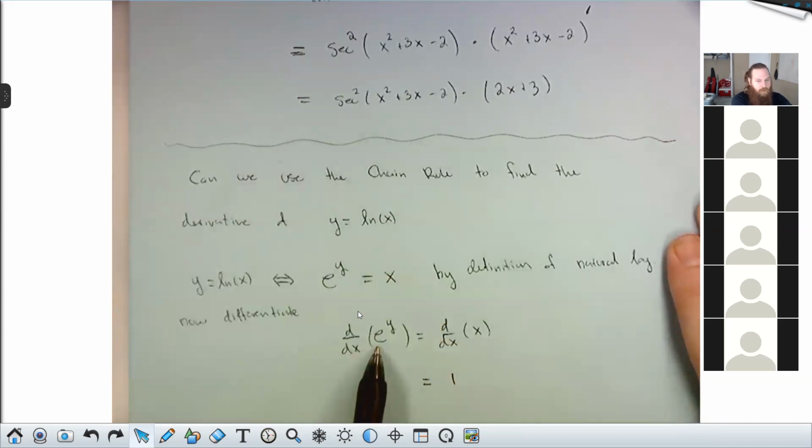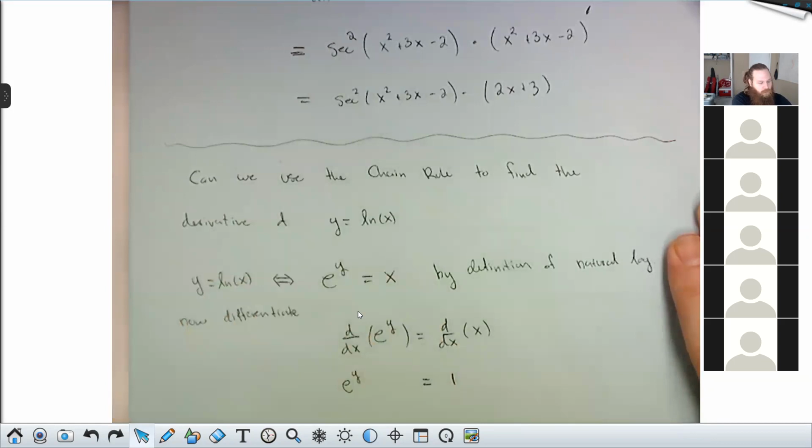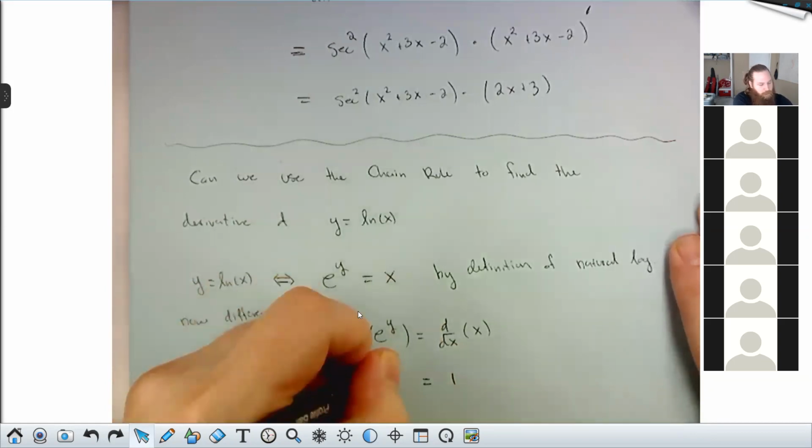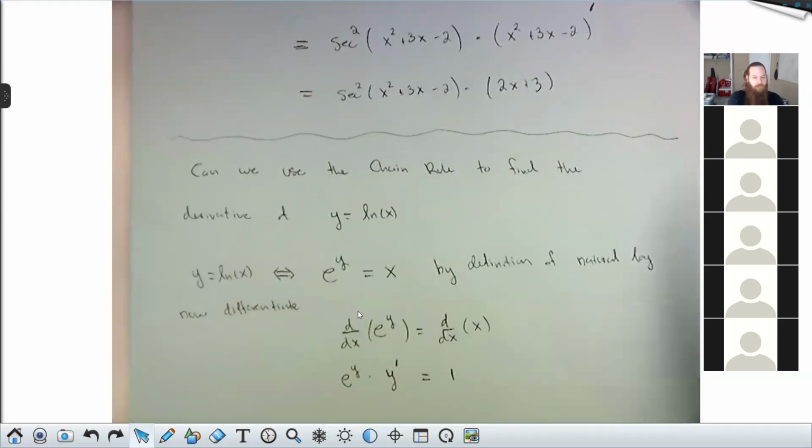My outer function is e to some stuff, and my inner function is y. So I differentiate the outer, leaving the inner alone, and then I multiply by the derivative of the inner, which would just be y primed, right?